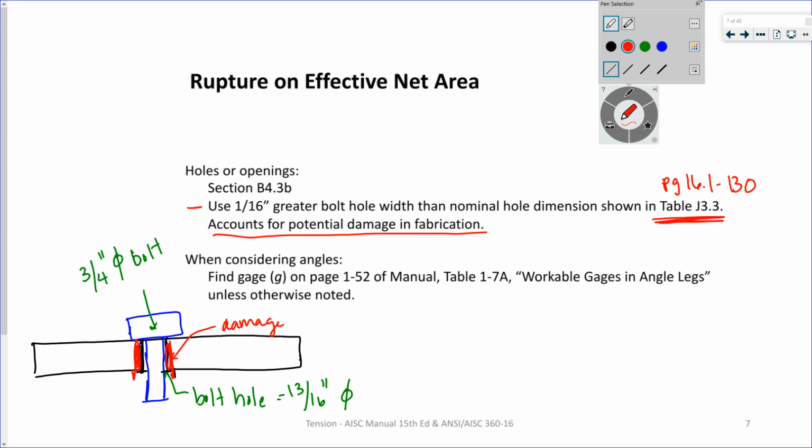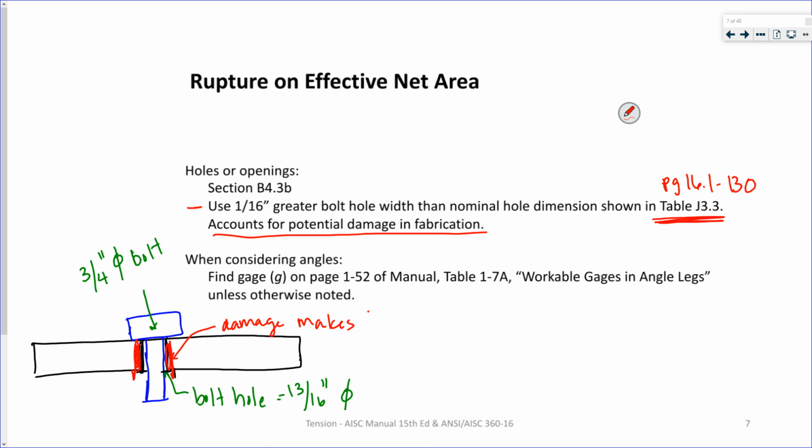Damage makes bolt hole diameter equal to 13/16 of an inch plus another 1/16 of an inch.